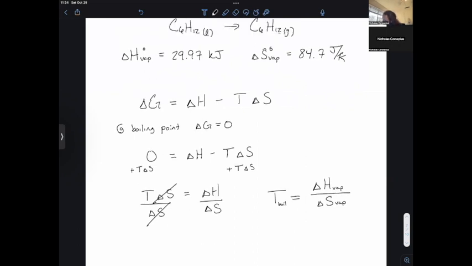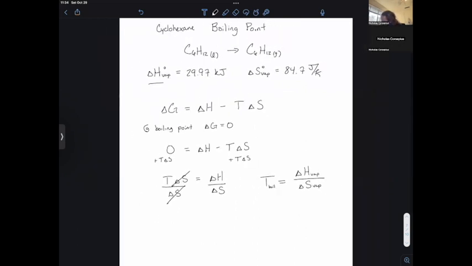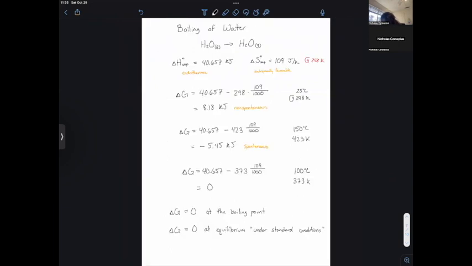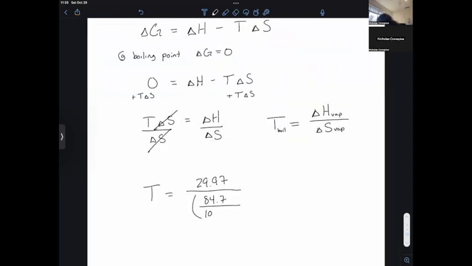All right, so using our specific values for this compound here, we can plug that in. So temperature equals that 29.97 divided by 84.7, but I need to convert that to kilojoules to marry my units here.